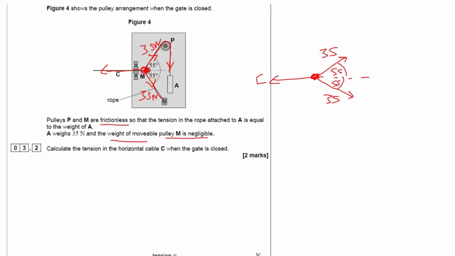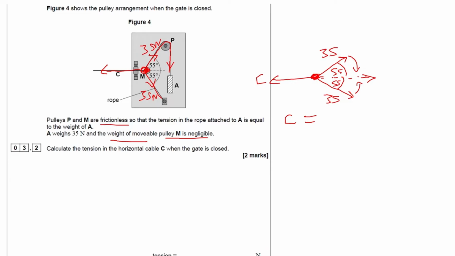So remember, point M is in equilibrium. It's not moving left or right, which means the total force to the left, C, must be equal to the total force to the right, this force here. Now, obviously, we can't just use 35 plus 35 because it's not pointing to the right, so we need to resolve these forces. We need to get it to point down like that, towards there. And you can use the crush and stretch rule to help you resolve forces quicker.